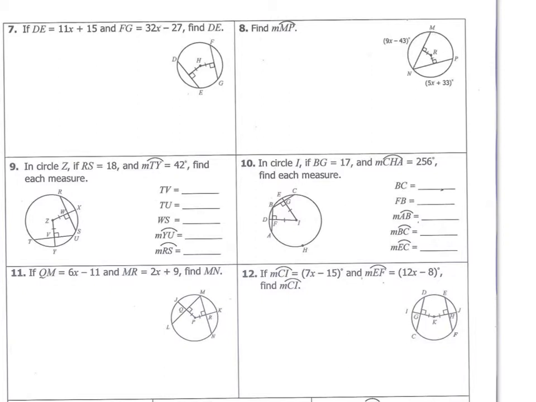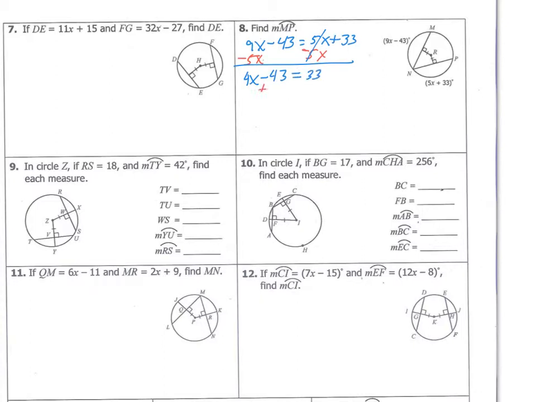The arcs are congruent. So we're just going to set 9x minus 43 equal to 5x plus 33. Collect your x's. And we get 4x minus 43 equals 33.